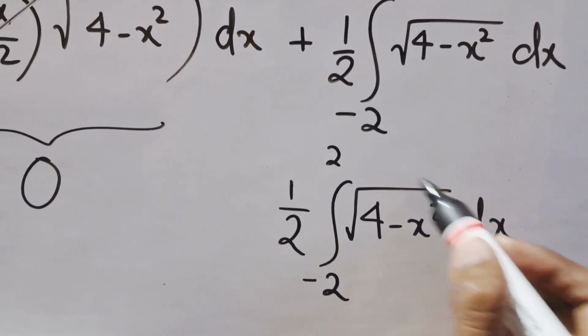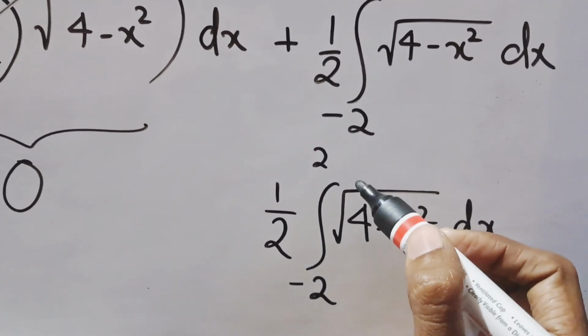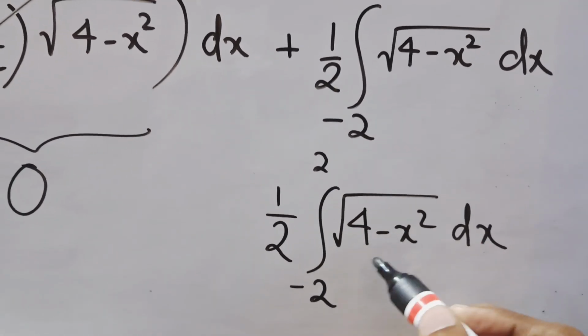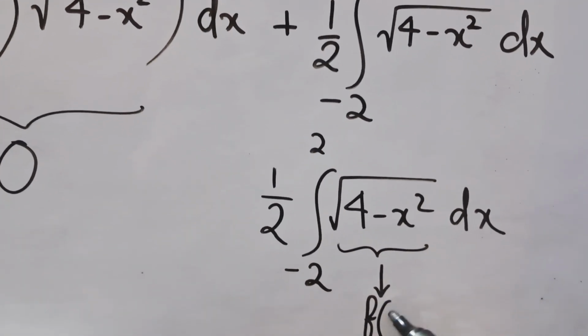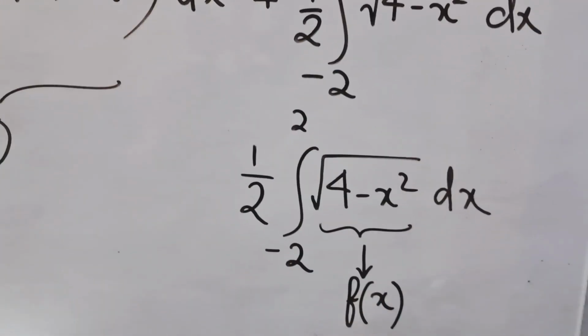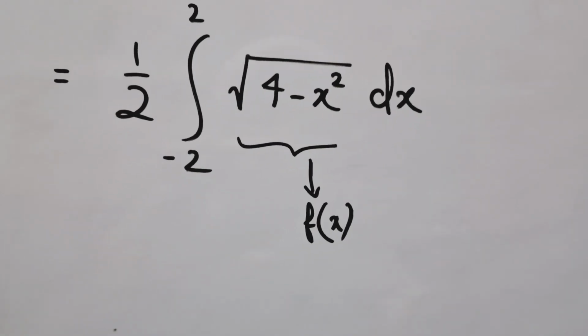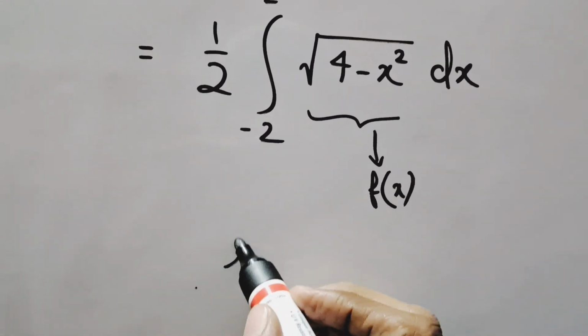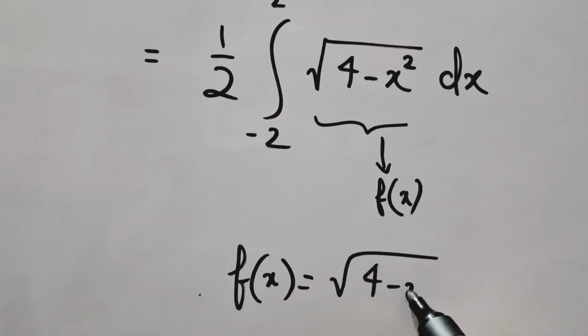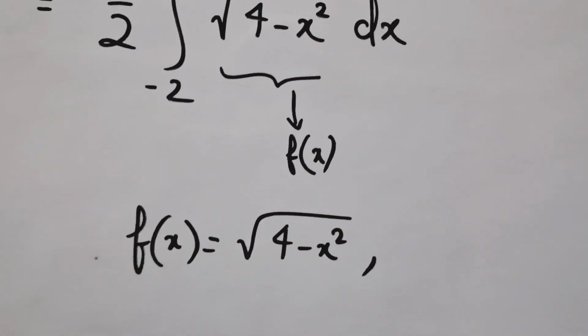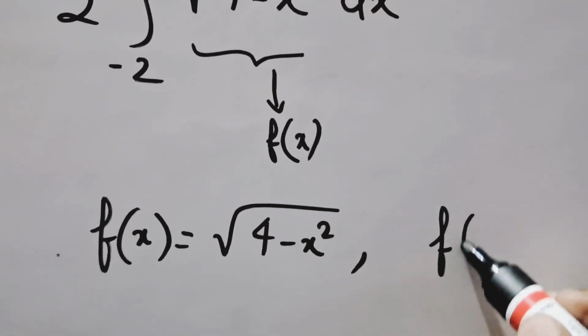Similarly, here also we'll check for minus a to a, or minus 2 to 2, f of x, whether this function is even or odd. We will check by taking f of x as this one. So if f of x is square root of 4 minus x square, how do we check whether it is even or odd? A similar method will apply.